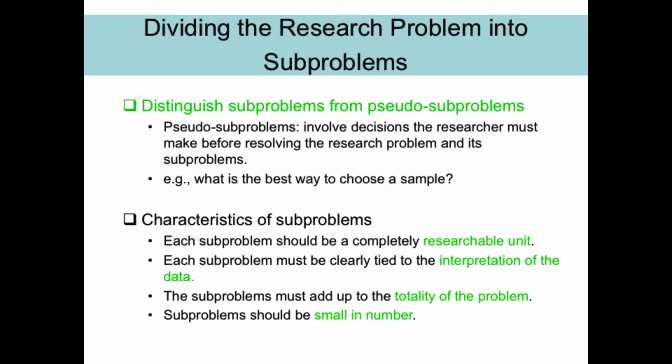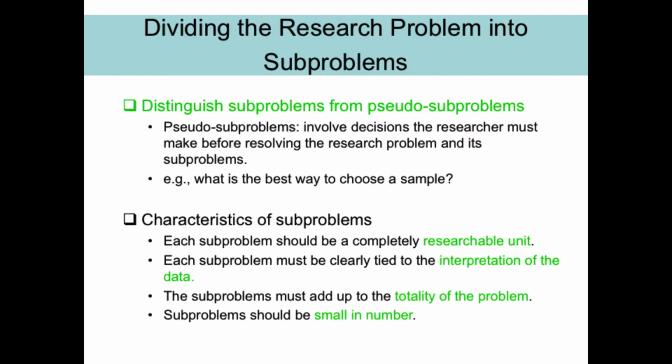But not all of these individual tasks or steps that we think of in our work are really part of the research question, because many times they're simply procedures to be carried out or logistical things to solve. For example, what is the best way to choose the sample for this research? Who are going to be the research participants?